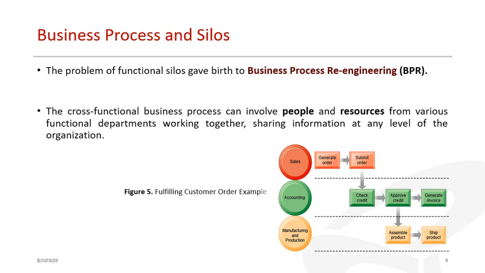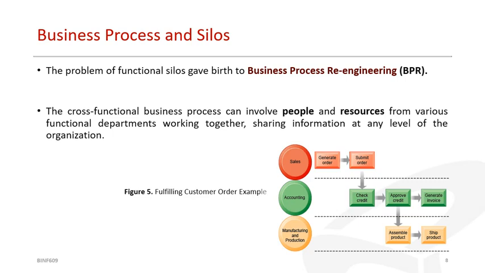Now let's consider the example in the figure. Fulfilling customer order. First, sales department would receive a sales order. The order will pass first to accounting to ensure the customer can pay for the order. Then the production department pulls the product from inventory and final product needs to be shipped.